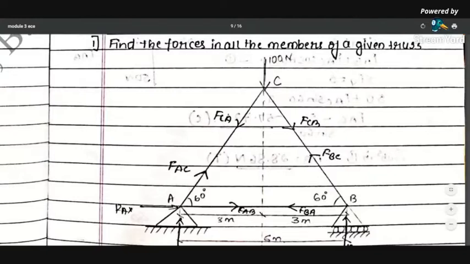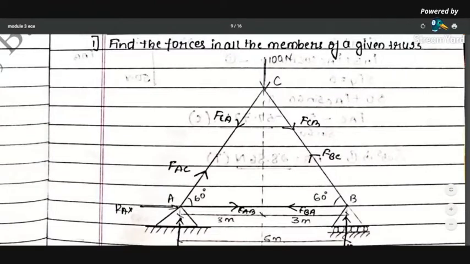Let me show you the way to solve this particular problem. Here you can mark all the tensile forces in the question, and you can indicate support reactions in the question itself.